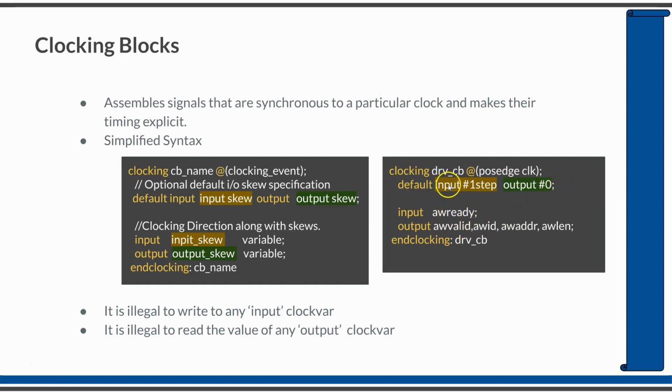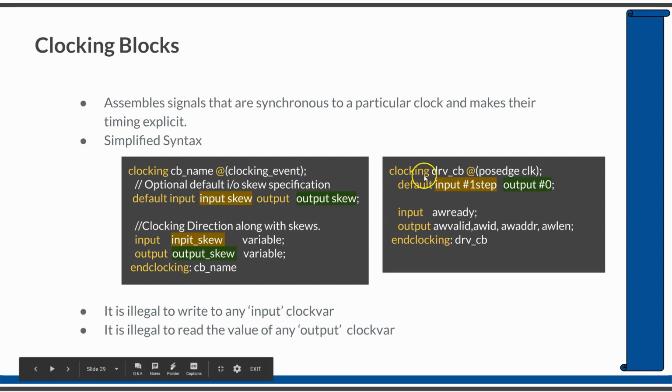If you are not defining this default clocking skew here, you can explicitly define it along with the input variable declaration and output variable declaration. It is possible to declare different skews for different input and output variables as well. Also remember that it is illegal to write to any input clocking variable, and it is illegal to read from any output clocking variable.